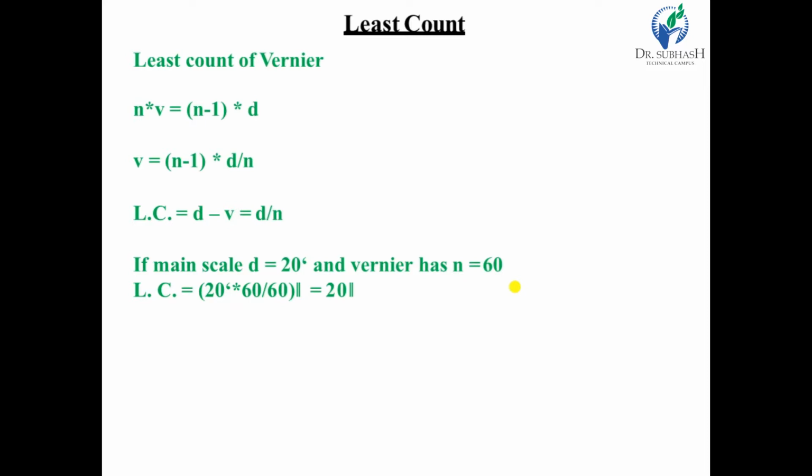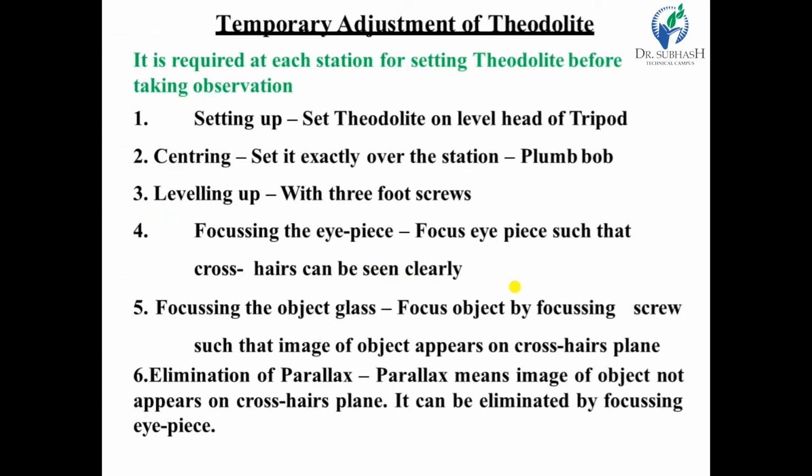Now, how can we count without the formula? The main scale division is 20 minutes and the vernier has 60 divisions. As per the least count formula, 20 minutes multiplied by 60 by 60 is equal to the least count of the vernier, which is 20 seconds.